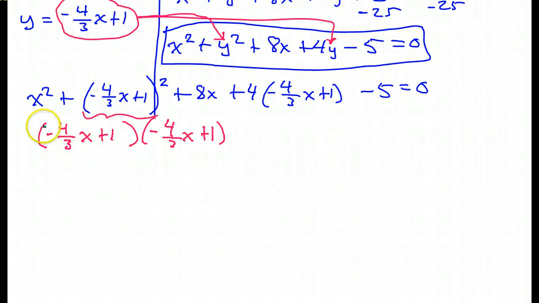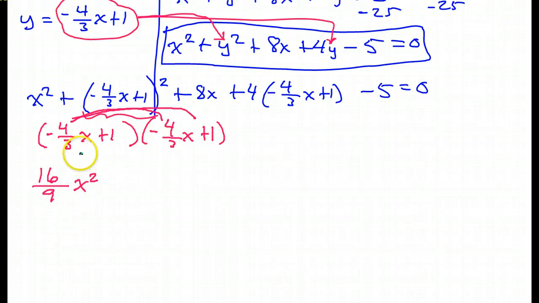Doing the same thing like you always do, negative 4 over 3 x times negative 4 over 3 x is 16 over 9 x squared. 4 times 4, 3 times 3, it's 16 over 9.